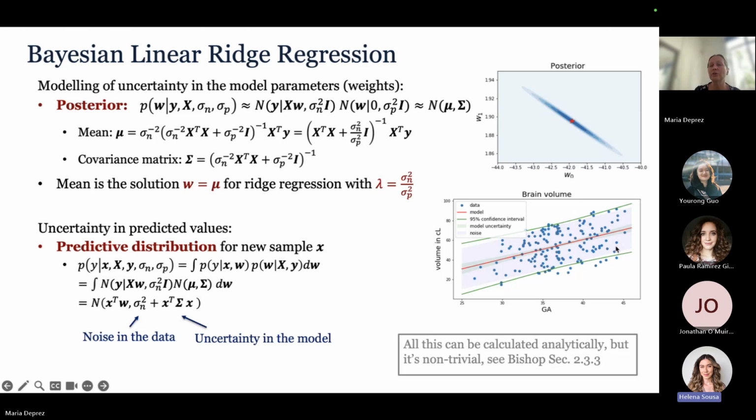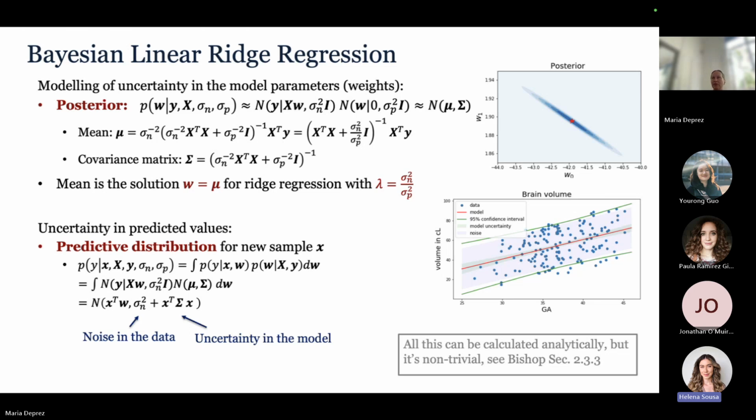So you need to believe me that the 95% confidence intervals for the noise in the data are parallel to the line because we defined it constant. And when you see that it's a little bit curved, that comes from uncertainty in the model. The bias will just move it up and down, but if you have uncertainty in the slope, that will wobble it, so that's why it becomes a bit curved.